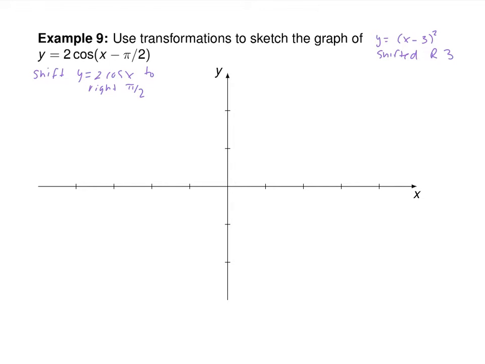So I think it's probably smart to first graph 2 cosine of x. So we'll call that 2 pi, call that negative 2 pi. Where would cosine start?